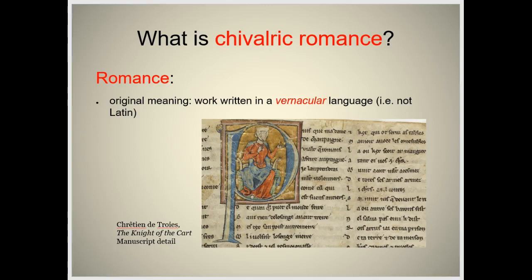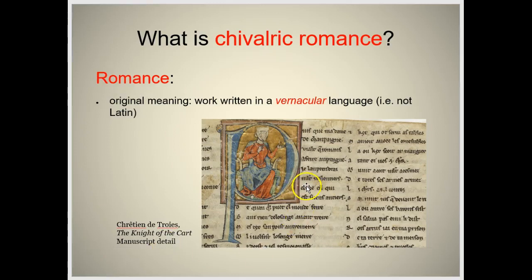So works were written often by clerics who knew Latin in Romance languages. Sometimes they were even translations of Latin works into the vernacular, and so these were called romances because they were written originally in the Romance tongues, that is, the Roman tongues, French, Italian, Spanish, that had descended from Latin.